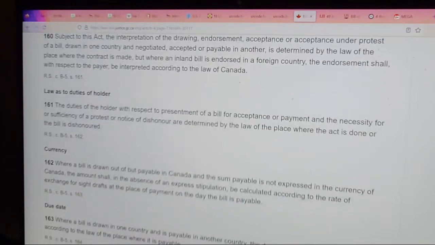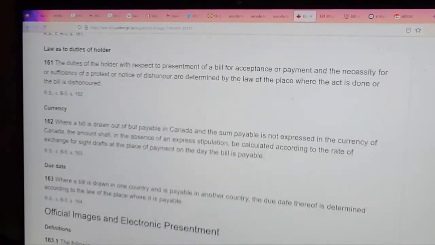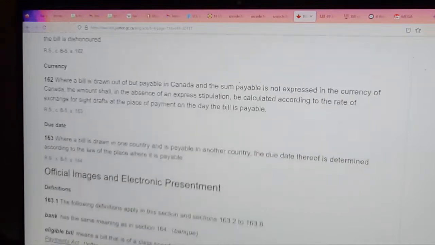Law as to duties of the holder. 161. The duties of the holder with respect to presentment of a bill for acceptance or payment, and the necessity or sufficiency of a protest or notice of dishonor are determined by the law of the place where the act is done or the bill is dishonored.